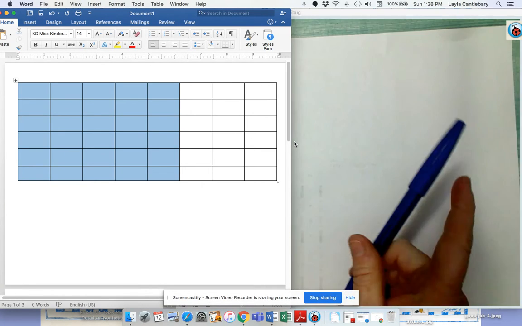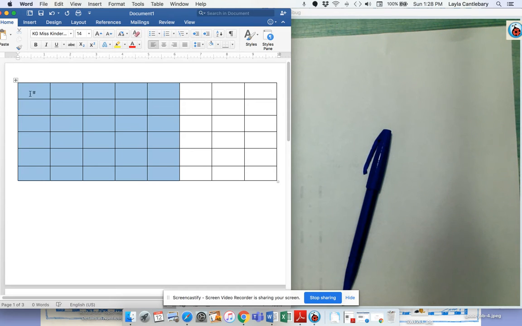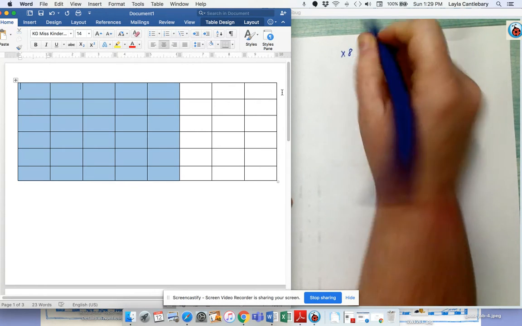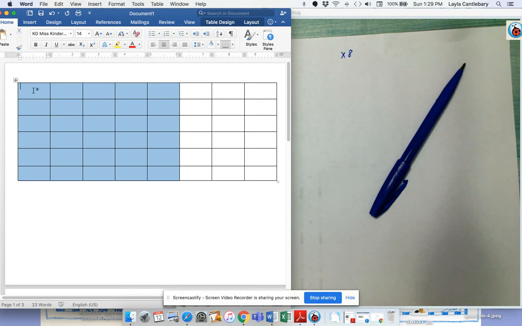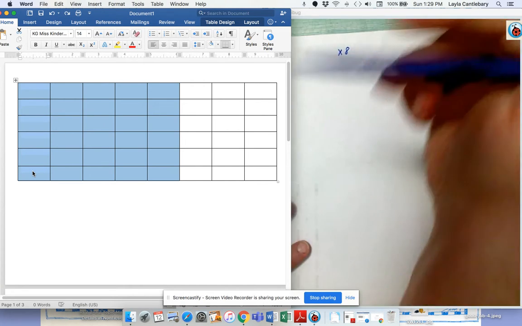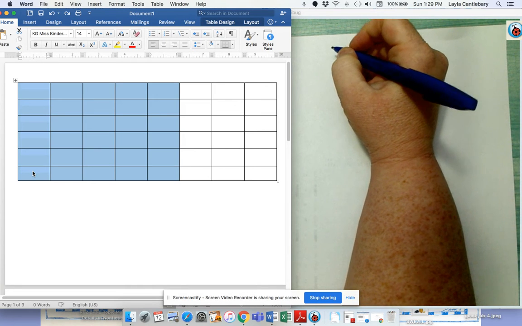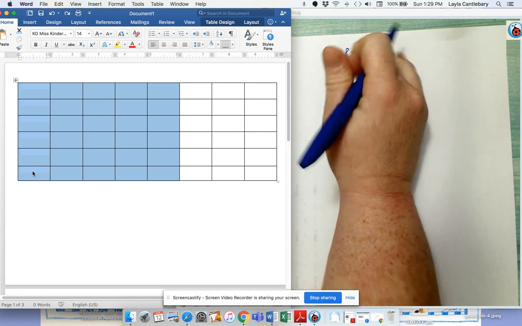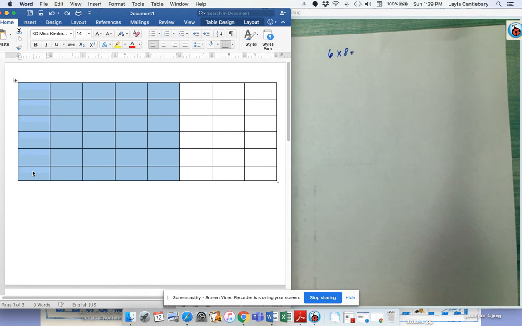For example, I can tell that this is 1, 2, 3, 4, 5, 6, 7, 8 across, and then it is 1, 2, 3, 4, 5, 6 down. So I have 6 rows and I have 8 columns. So this area model is showing me 6 times 8, right? Because it's got 6 rows and 8 columns.